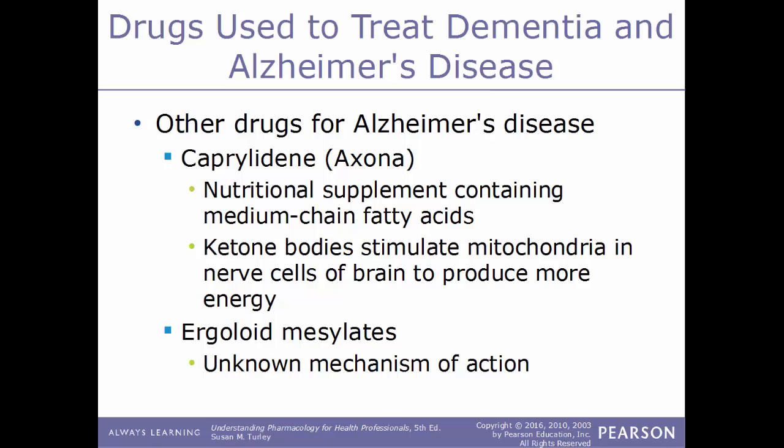Some other types of drugs that are used for Alzheimer's disease: caprylidene, sold under the trade name Axona. This is a nutritional supplement that contains medium-chain fatty acids, and also has ketone bodies that will stimulate the mitochondria within the nerve cells to produce more energy. Another kind of drug used for Alzheimer's: ergoloid mesylates, and these have an unknown mechanism of action.